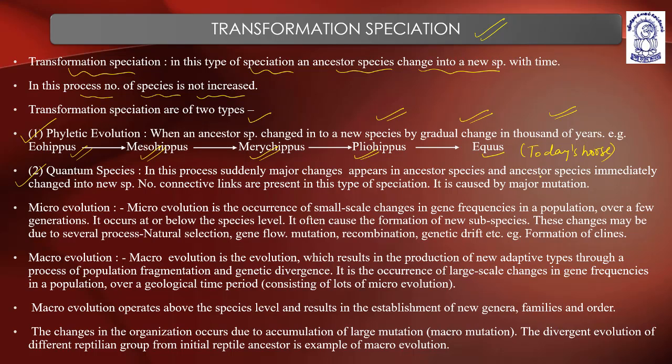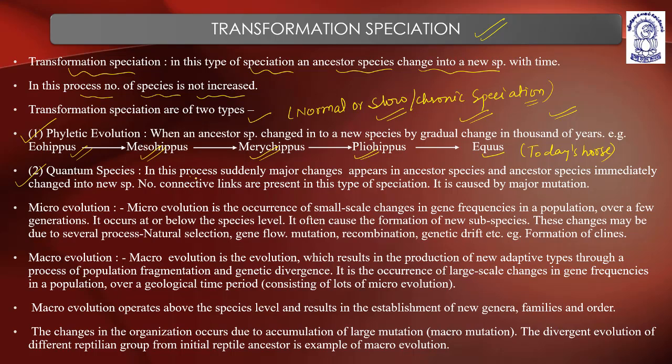So this is phyletic evolution. It takes so much time to happen. That is why phyletic evolution is given the name normal, slow or chronic evolution speciation. Is that understood?